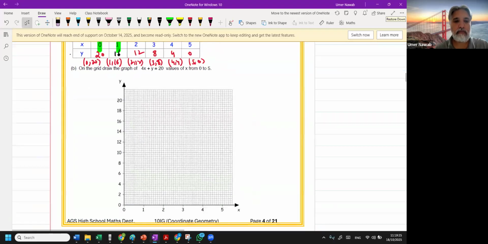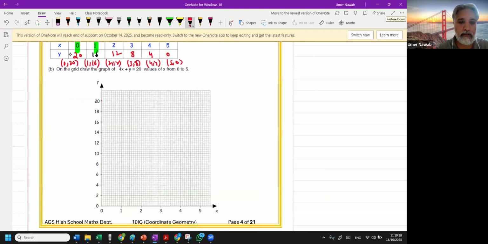Then I can easily plot them. Where is 0, 20, boys? This is 0, 20. 0 means no right, no left, just 20 up. 1, 16, that is the point. Go up. 2, 12. This is 2, 12. 3 right, 8 up. Here is the point. 4 right, 4 up. Here is the point. 5 right, no up, no down.